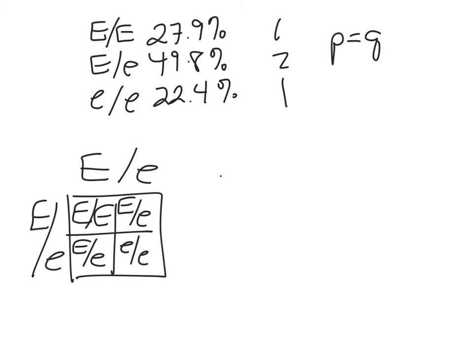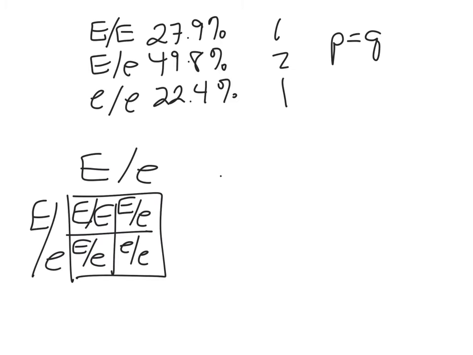You get that 1 to 2 to 1 ratio, homozygotes to heterozygotes to homozygotes. So that's kind of what this looks like. Allele frequencies, the big E is about 50%, the little e is about 50%. A little bit different. So this is what we expect. We expect to see 27.9% big E over big E, 49.8, and 22.4.